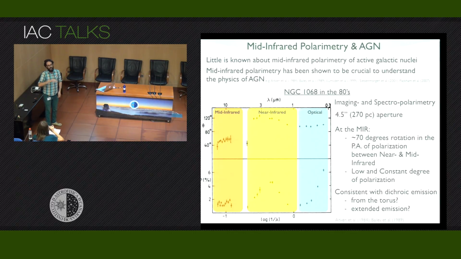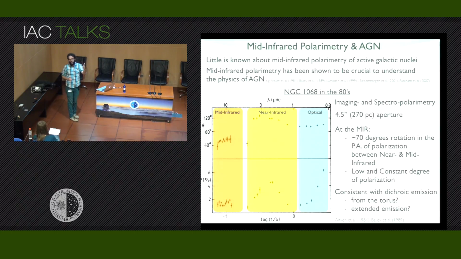So what we will get is a position angle of polarization parallel to the direction of the magnetic field line.